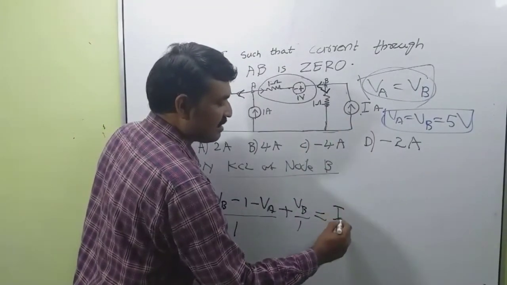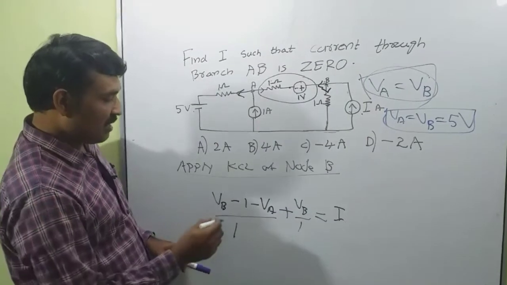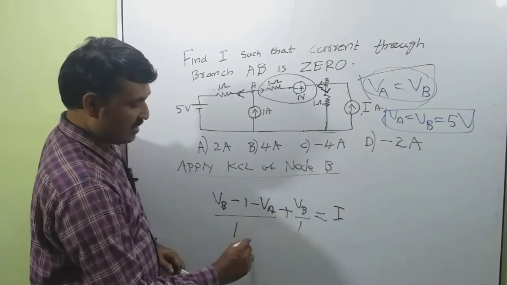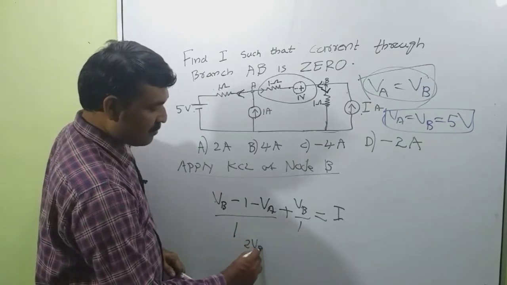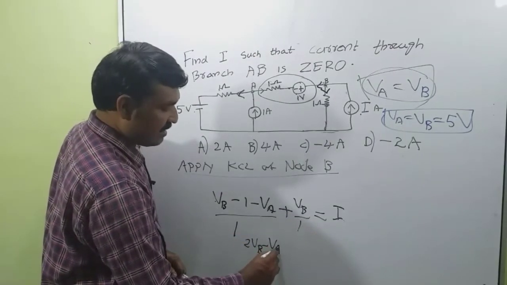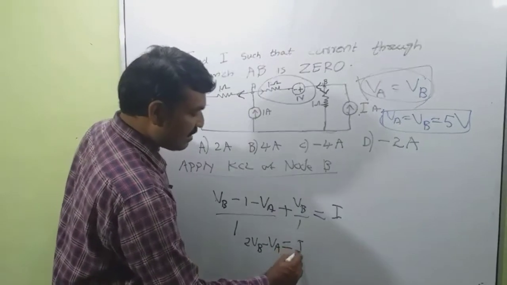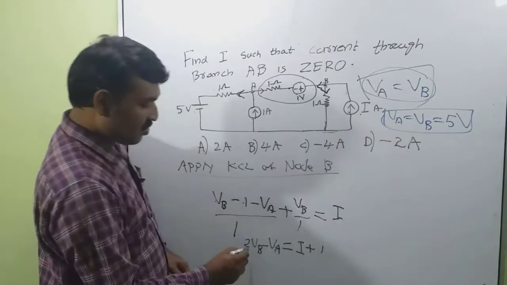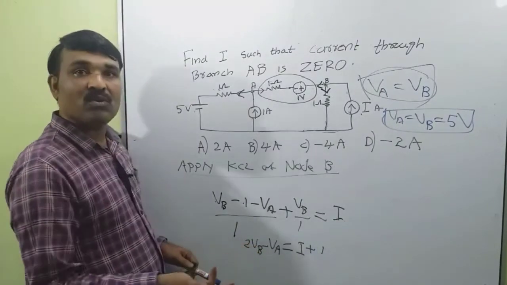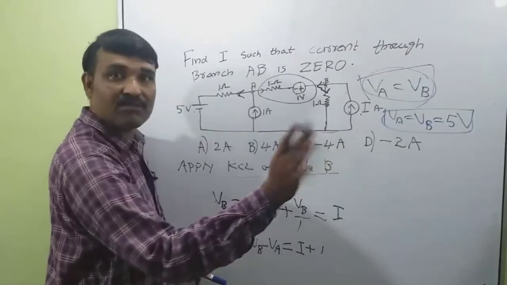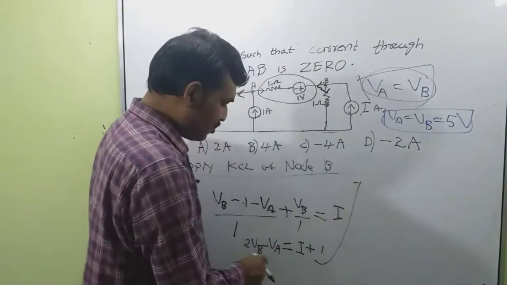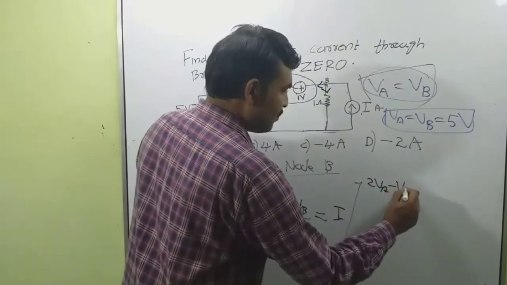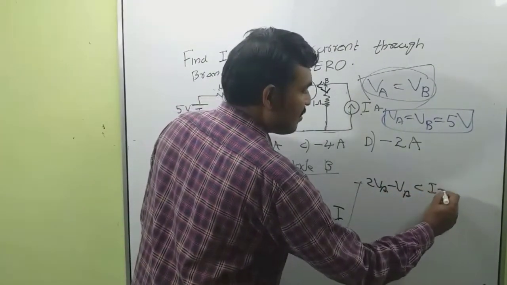Now we have VB and VB, 2 VB minus VA, is equal to I. This one is taken to the RHS: I plus 1. So 2 VB, with VB equal to VA equal to 5, that is 2 VA minus VA, is equal to I plus 1.